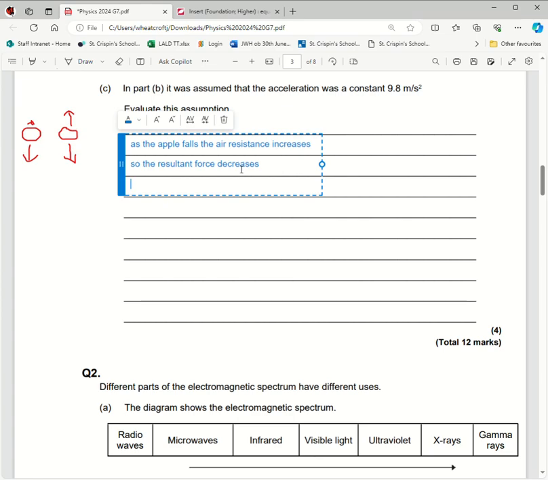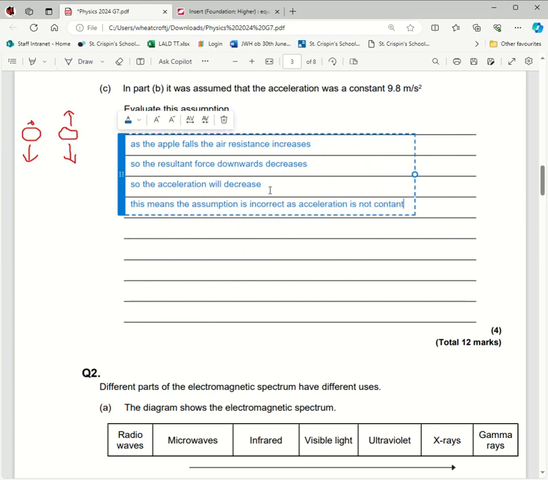So I'm just going to add in, because it helps, the resultant force downwards decreases, so the acceleration will decrease. And this means the assumption is incorrect, as acceleration is not constant.